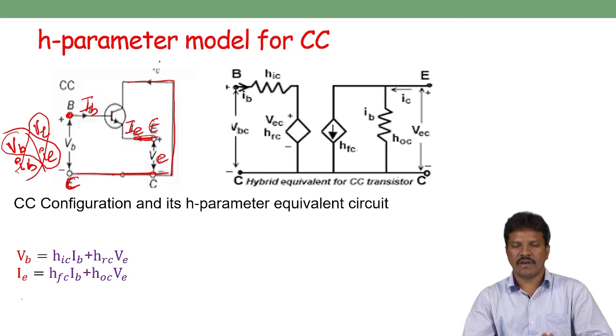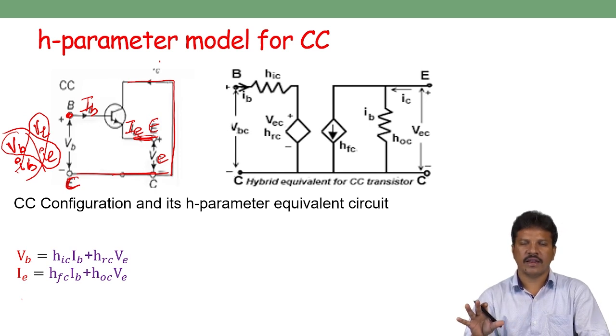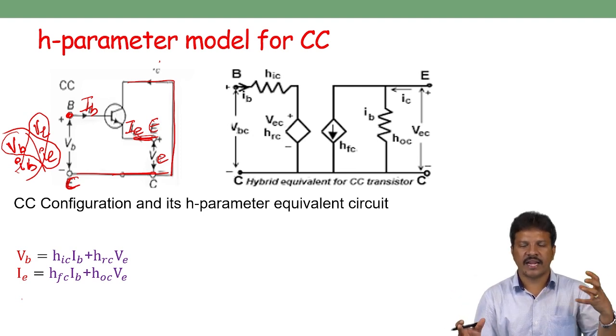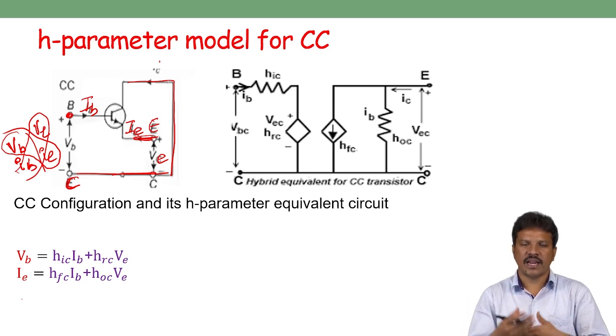Once we are aware of the common emitter, common base, and common collector H parameter models, when this transistor is connected in any amplifier, we replace the transistor with the H parameter model, connect the extra input source resistance and load resistors, and analyze it. What is the input impedance? What is the output impedance? What is the current gain? What is the voltage gain? We can measure them.